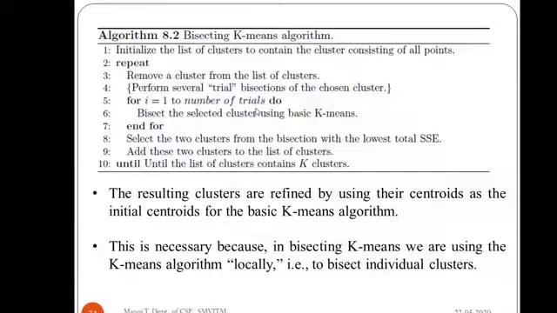First, you have the set of all the points; divide it into two clusters, select one cluster, and go on bisecting that cluster using basic K-means up to the number of trials.